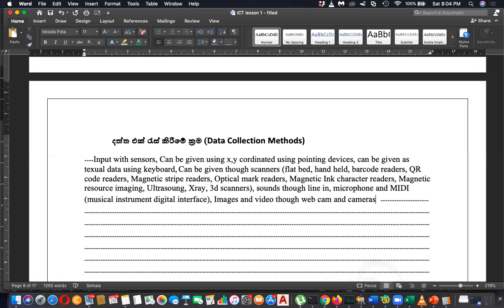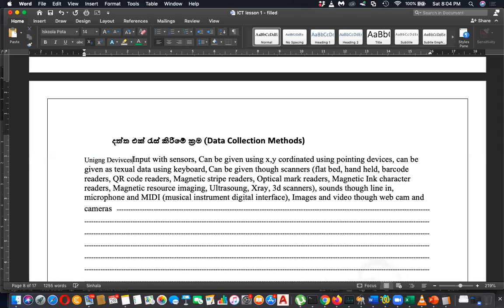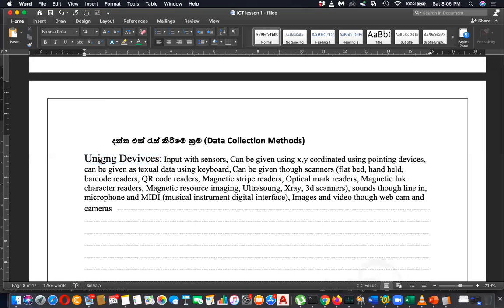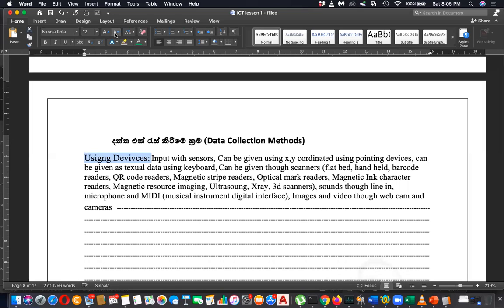Those are also data collection methods. So these are the methods using devices.